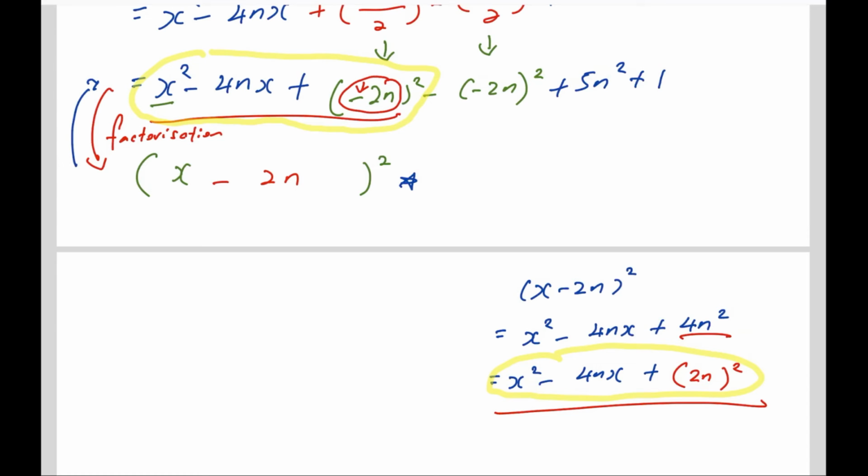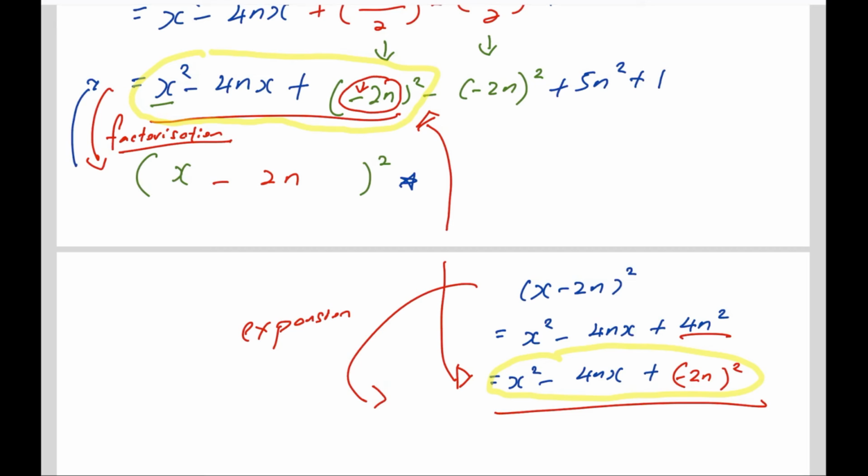When I have 2n in brackets squared, do I have 4n squared? Yes. So when I have negative 2n in brackets squared, do I have 4n squared? Yes. So you can put a negative if you want to. It makes sense anyway. These two, you compare and see, would it be exactly the same? Yes. If this process you regard as expansion, then this process you should call factorization.